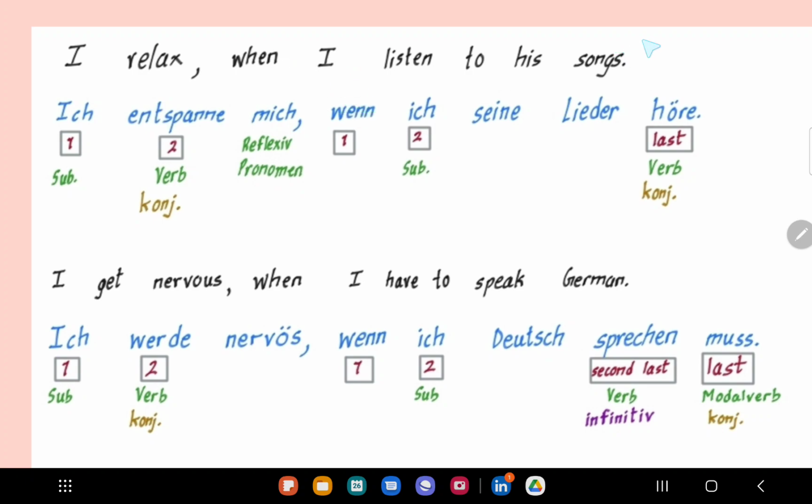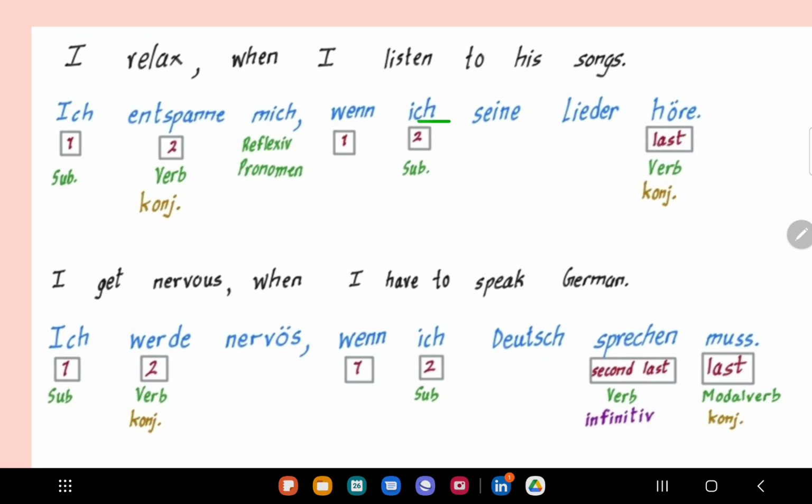Wenn, or it can be if as well, guys. So if I, here it is wenn and not when. You should read it as wenn, for example, Bruce Wayne. I hope the spelling of Bruce Wayne from Batman is correct. Now you have wenn, and then immediately after wenn you have the subject, and the verb which was supposed to be here after the subject goes to the last position.